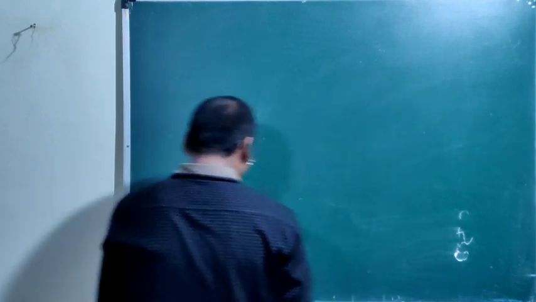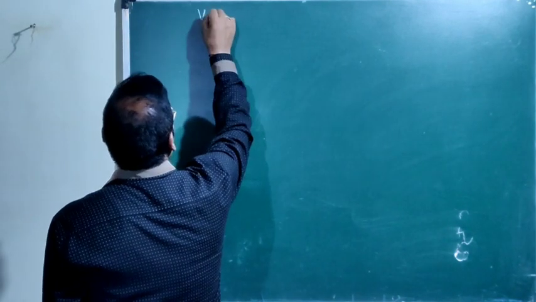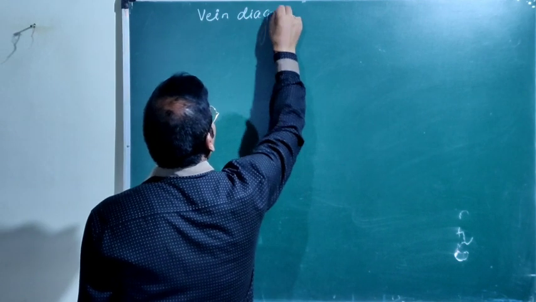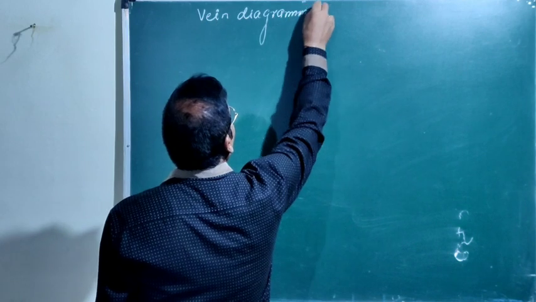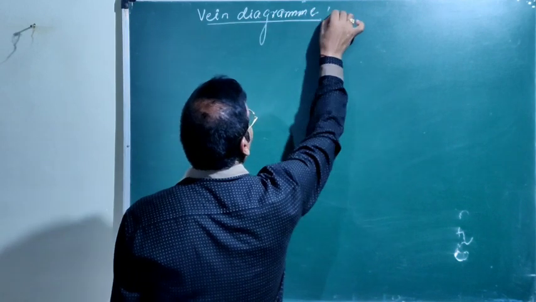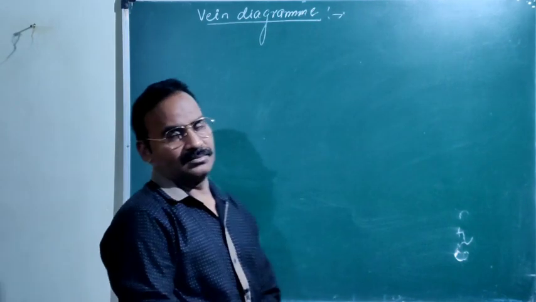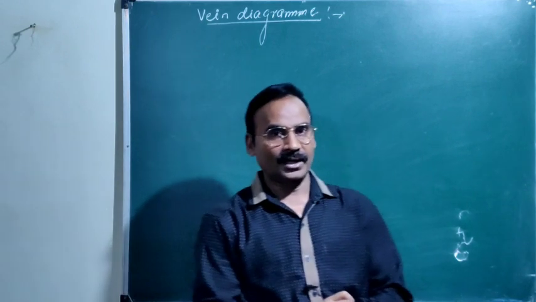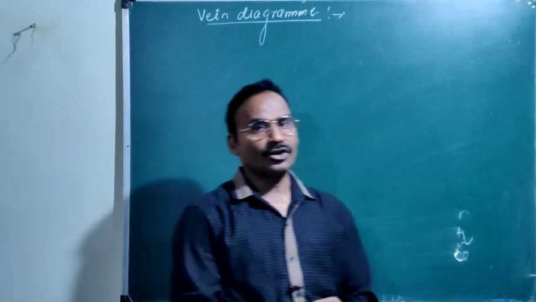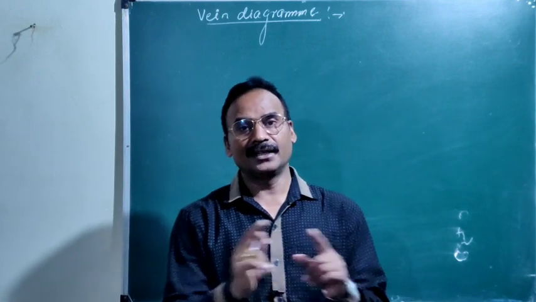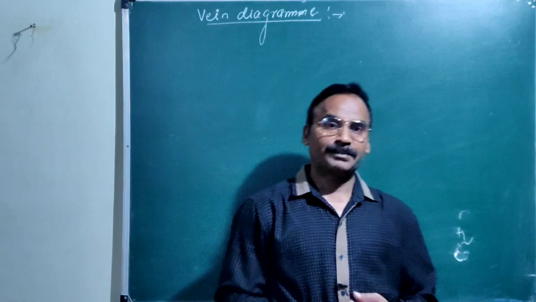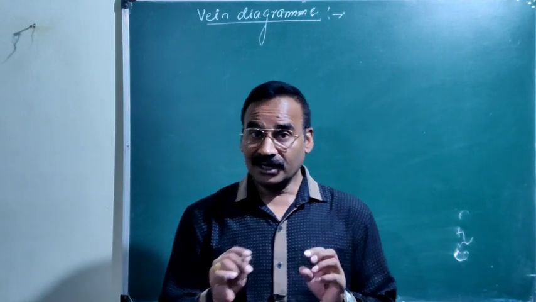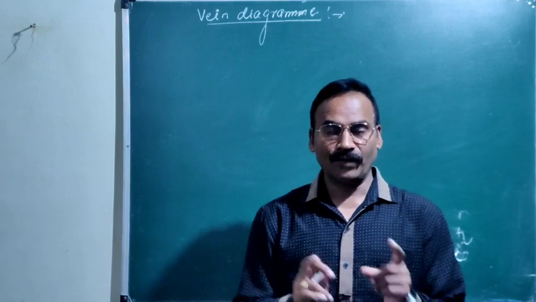Now the important topic is the Venn diagram. What is a Venn diagram? We have studied all types of sets. Now the representation of a set in another form, the representation of a set in a graphical manner, is called a Venn diagram.